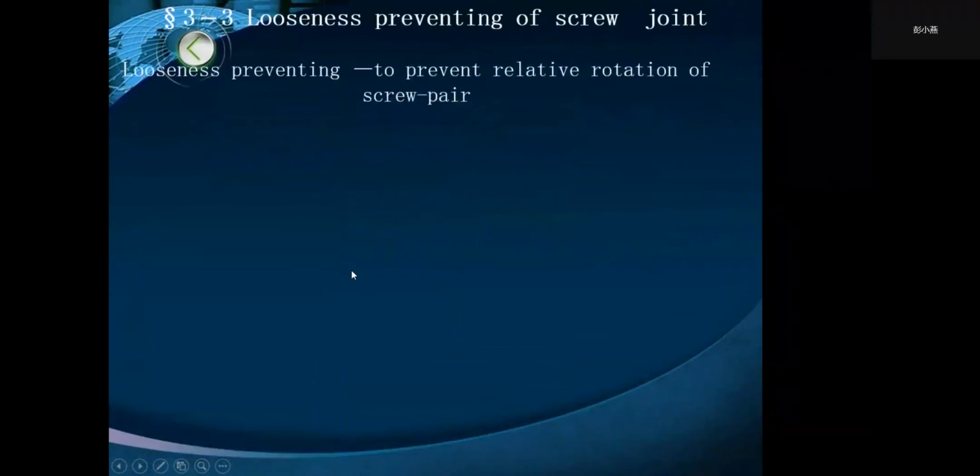The preload may be lost gradually due to wear, creep, impact, and vibration during operation. When the initial preload is lost, the threaded fasteners will loosen.